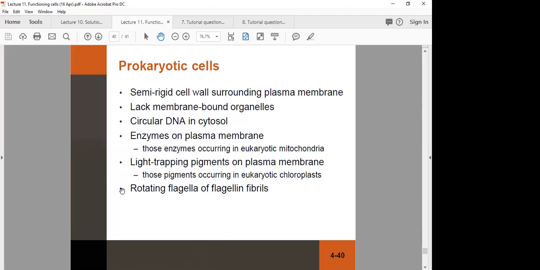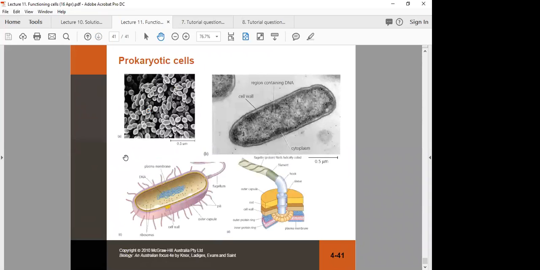Very unique to some prokaryotes is the presence of what's called a flagellum or flagella. These are rotating structures that enable the prokaryotes to move. And we can see that on the following slide here.